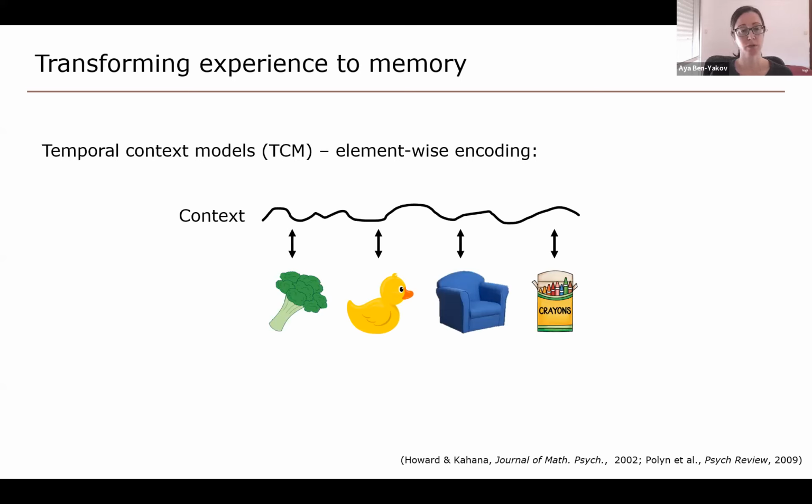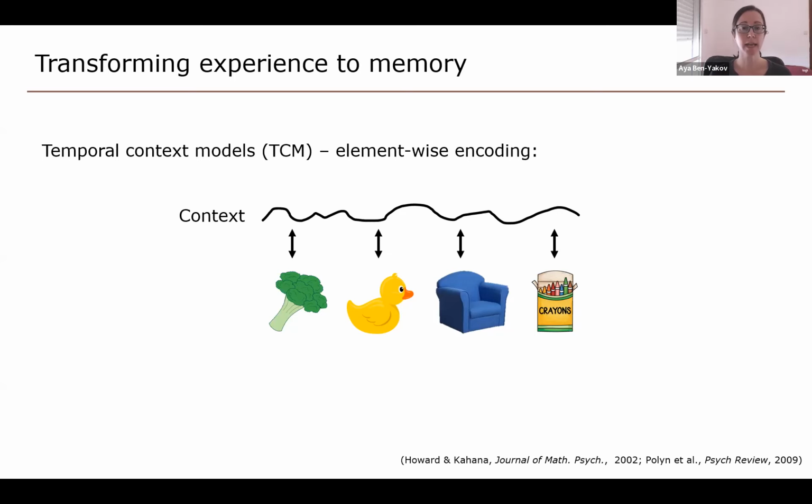That can include where you are when you learn this, the state of your brain activity, your emotions, pretty much everything. And the idea is that every item you encounter is encoded, bound to that context in which it appears. So if we're encoding the sequence, we're not encoding any link between broccoli and a rubber duck. Each one is bound to the context.